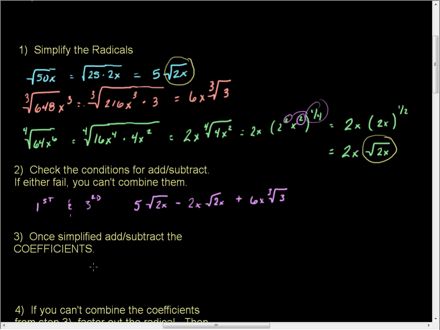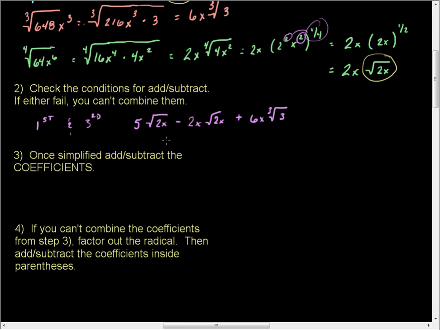Step 3. Once you're simplified, add or subtract the coefficients. Now, here we can't combine the cube root with anything, it just doesn't match for the index and neither for the radicand for that matter. However, we don't have any coefficients that we can combine. The 5 and the 2x can't really be combined. They're not like terms.